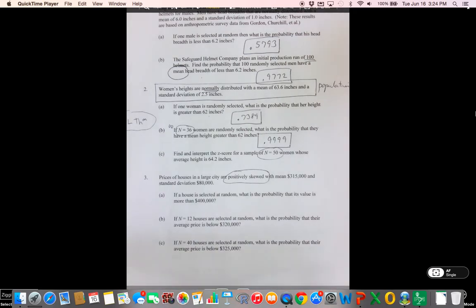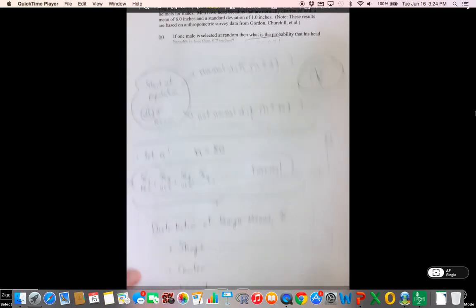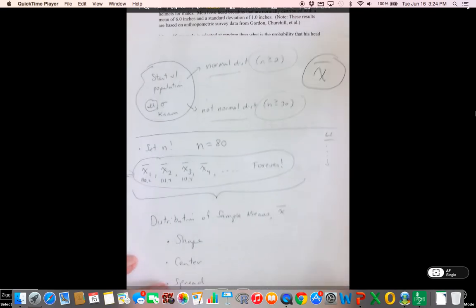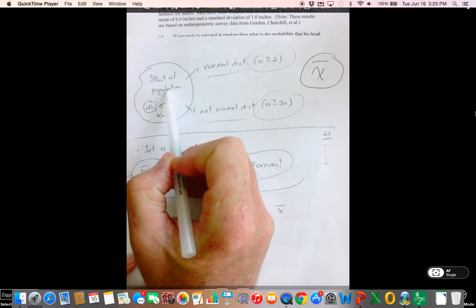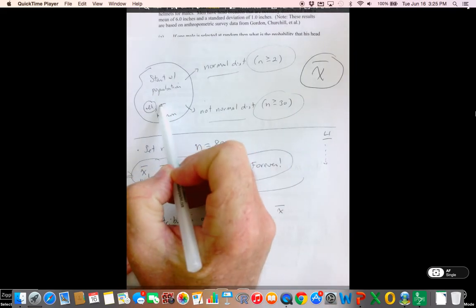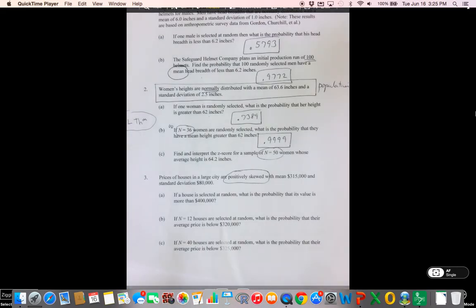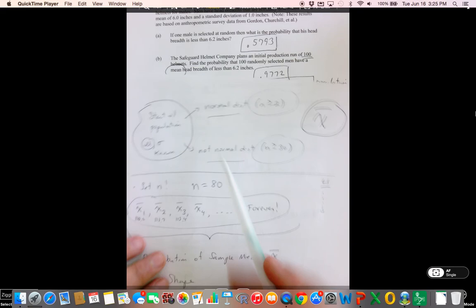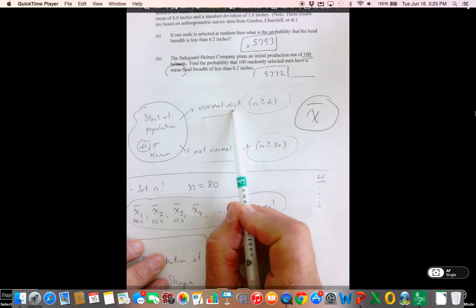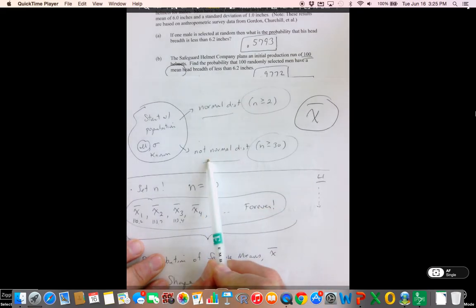So number 3 here, right? We start out with a positively skewed distribution. So our population here is house prices. And the mean and the standard deviation are given: the mean is 315,000, standard deviation is 80,000. So just like before, except we don't have a normal distribution, we got something else.